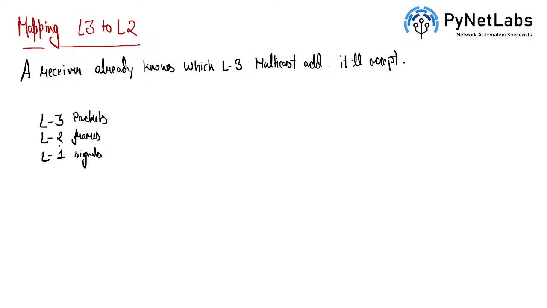The NIC card working here is also going to accept the frames, whenever it carries the layer 2 frames with that multicast before the L3 packet, which can be extracted for processing.